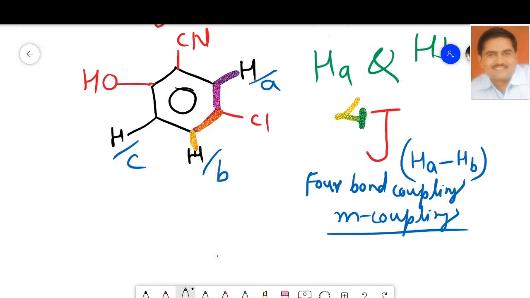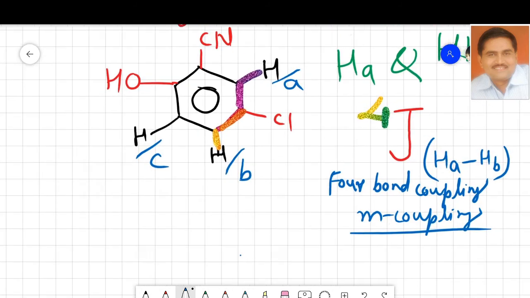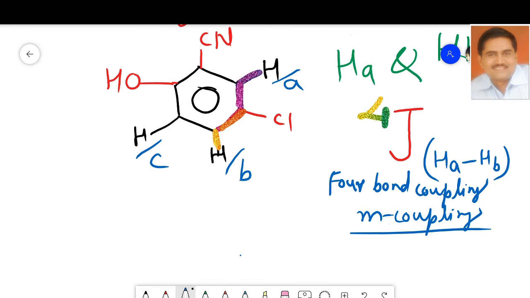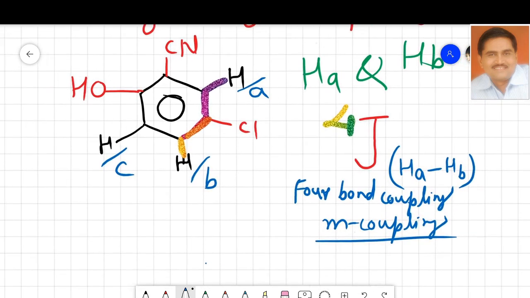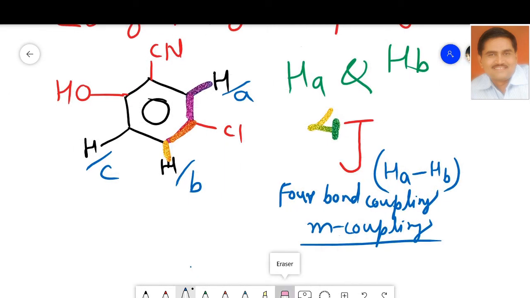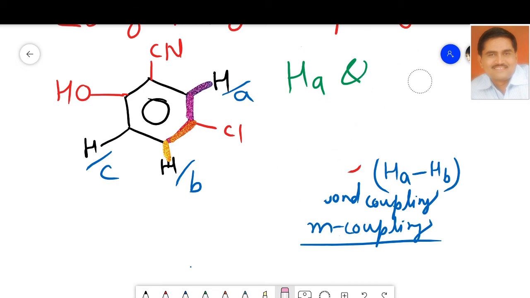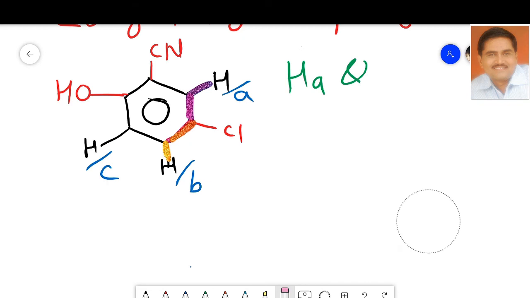Now suppose you consider the coupling between HA and HC. What is the system notation here?